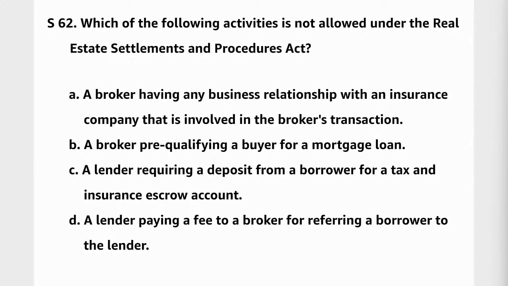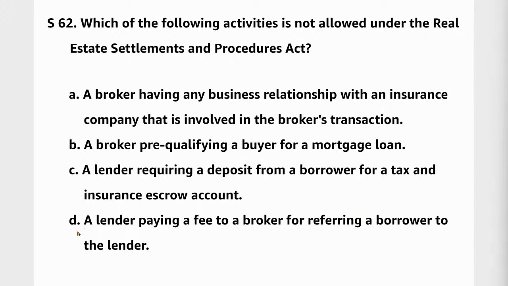Okay, Cindy says 62B, a broker pre-qualifying a buyer for a mortgage loan. No, not correct. So which of the following activities is not allowed under RESPA? We can pre-qualify a buyer for a mortgage loan, like we can ask them questions before we send them to a lender.